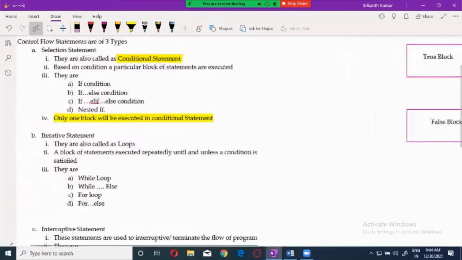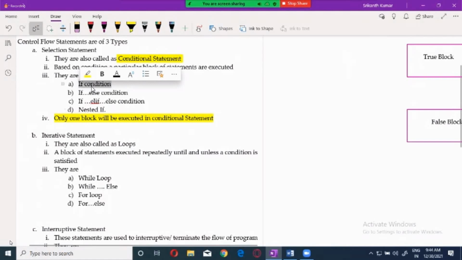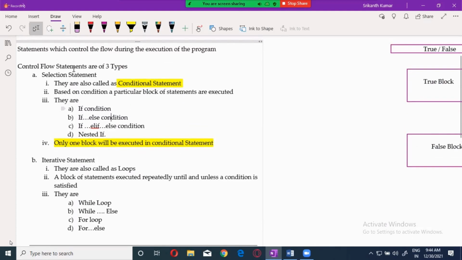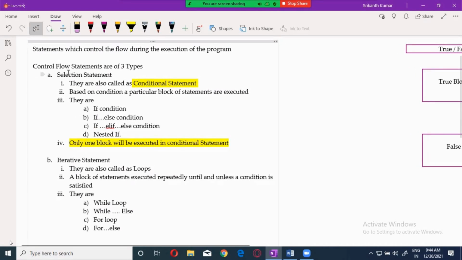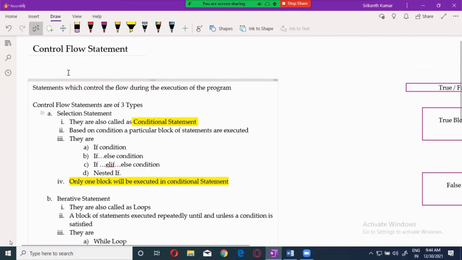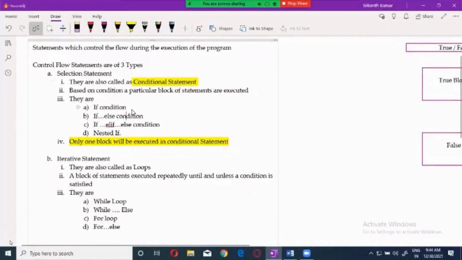Now, let's talk about the first if condition. As I told you, during the execution phase you can control the flow using the control flow statements, also called flow control statements. Not to worry, both are the same. So how will it begin?